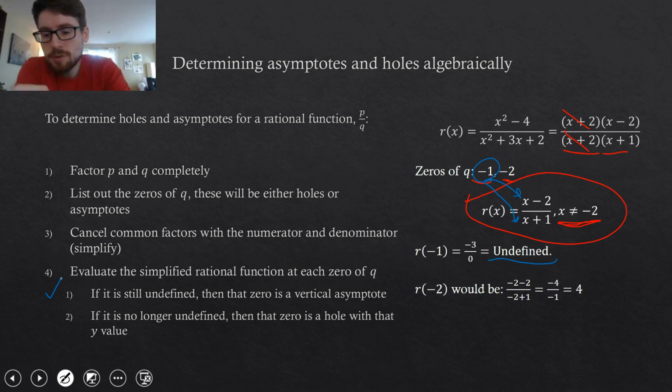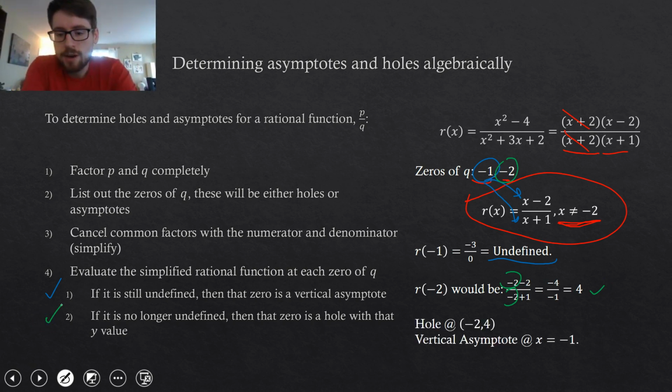We plug negative 2 in. When we plug negative 2 in, we get negative 2 minus 2, which is negative 4, and negative 2 plus 1, which is negative 1, and that equals 4. And so this is not undefined. It's going to be a hole, and that's the y value of the hole.